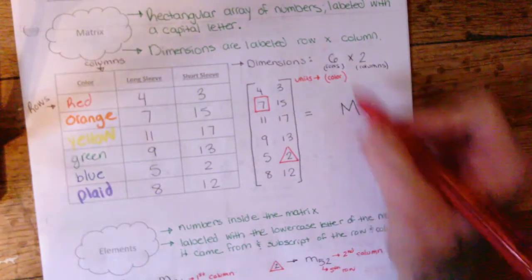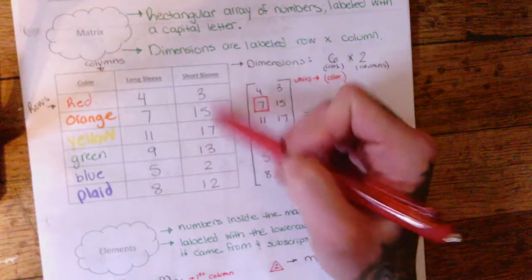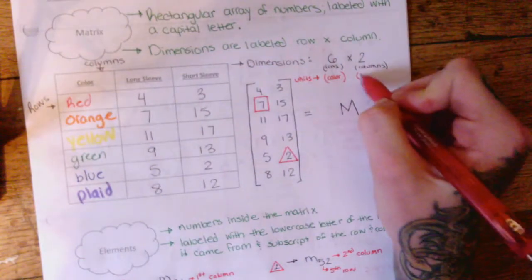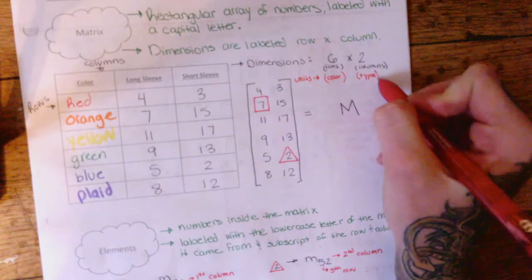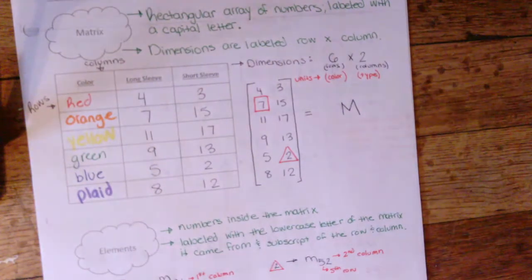And I would say the dimensions for the columns would be the quantity for each type. So this would be type.